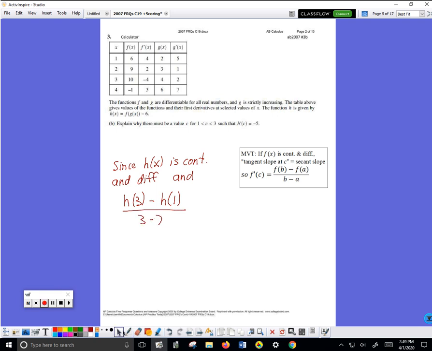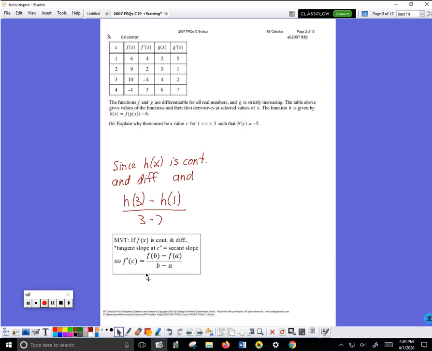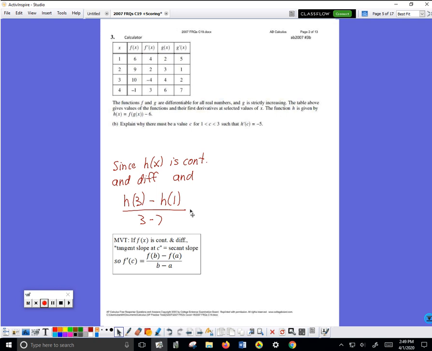Notice how I'm using the mean value theorem here. It's just the formula I'm working with is called h instead of f. The interval is from a to b, which is from x equal 1 to x equal 3. So because I found this already to equal negative 5, then I can state the following.